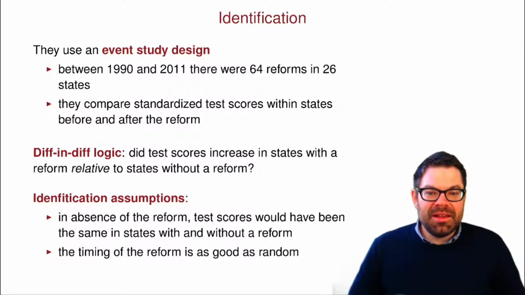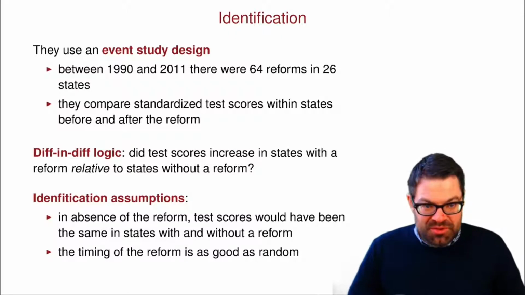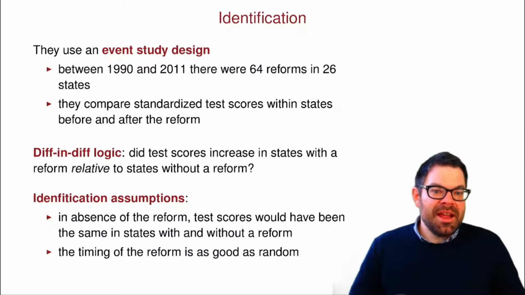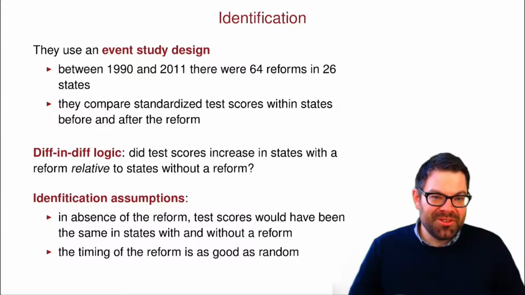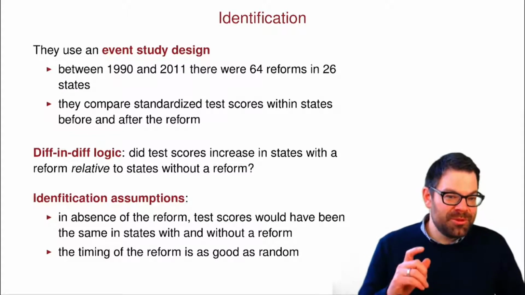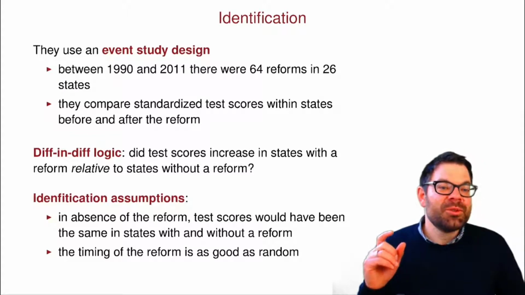So the identification assumption that they're making is that in absence of the reform, test scores would have been the same in states with and without the reform. What they also explicitly state, even though it's not a critical assumption for difference in difference, it's good to have, it's very important to have, but it's not a must, is that the timing of the reform, they claim, is as good as random.